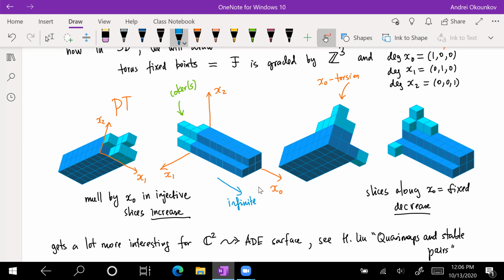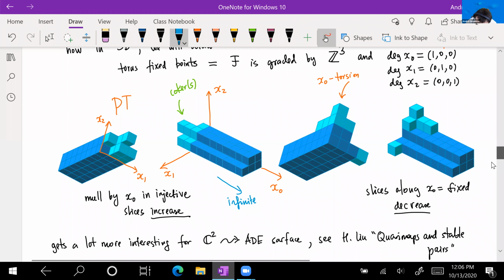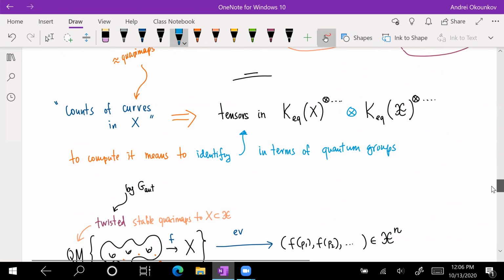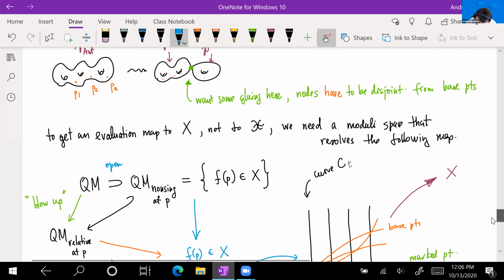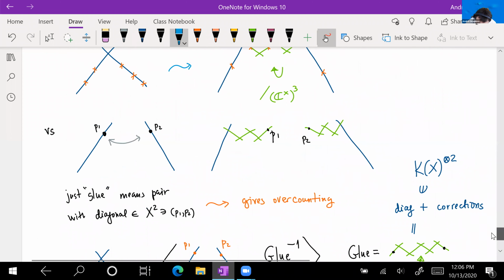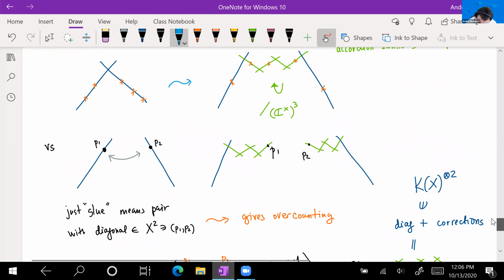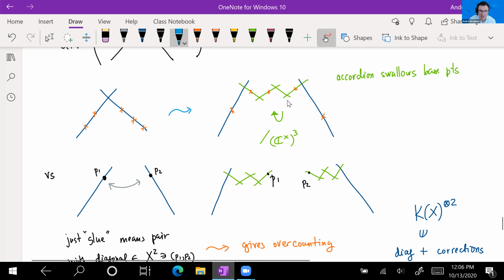Can you say one more time where this overcounting comes from? Usually you can just separate things into parts. No, you can't, because what's a canonical place to separate this picture? There's no canonical place, right? Oh, I see.